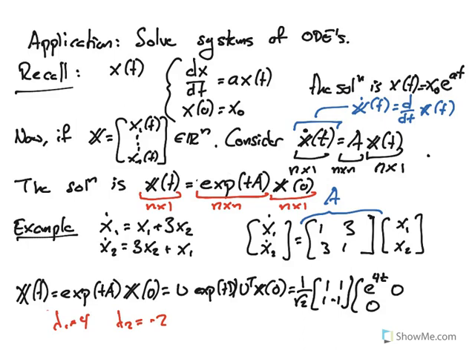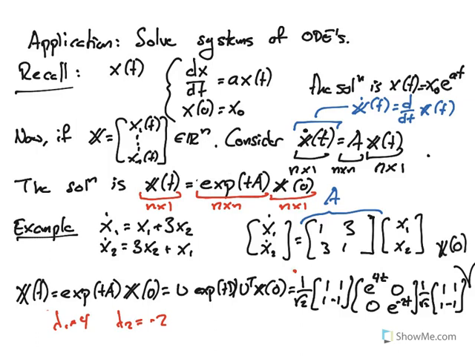And then we get e to the -2t. And then U transpose is U in this case. And the whole thing multiplied by the vector of initial data.